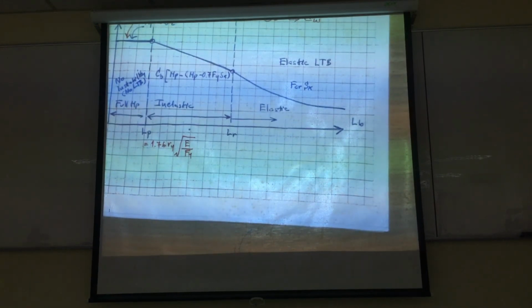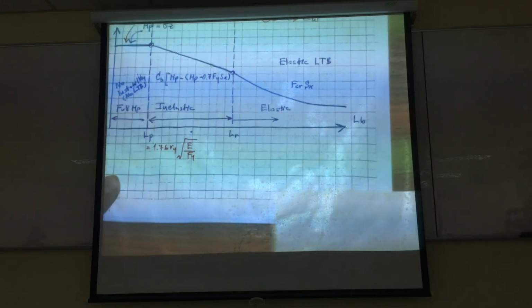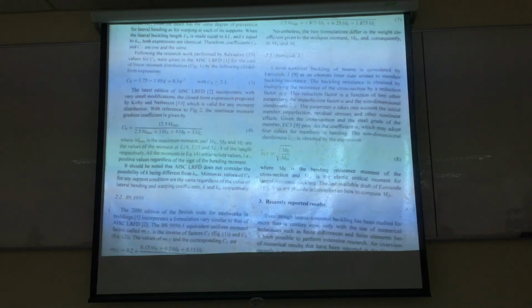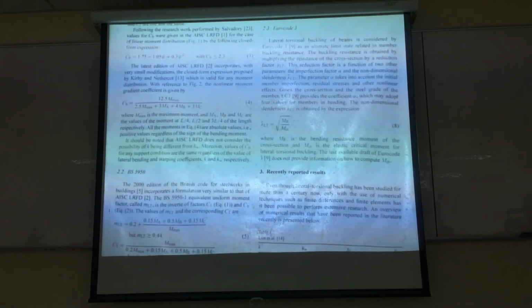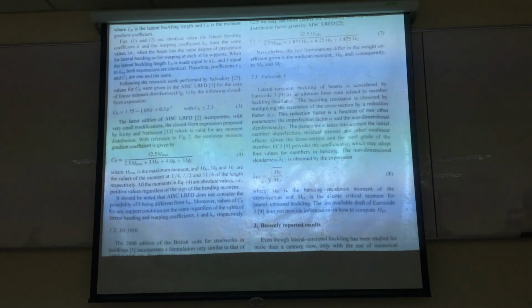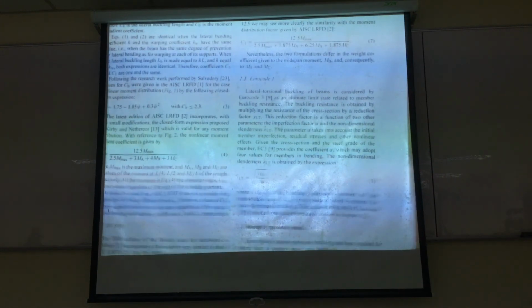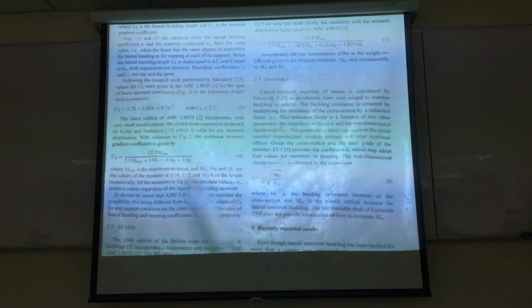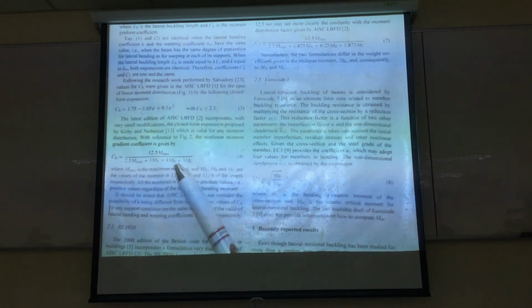If you want to be a little more conservative, you have the choice of CB, even more choice than the. It doesn't look so clear today. So this one is AISC. You also have the BS.